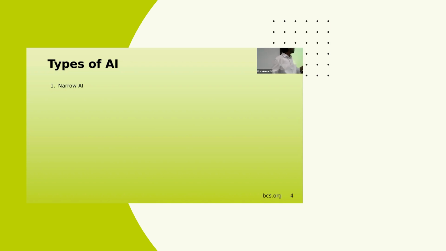Everything we have achieved in AI so far comes under narrow AI, because a human trains the model to do a particular task. It can do that task better than a human, but outside its defined scope, it can't do anything else.